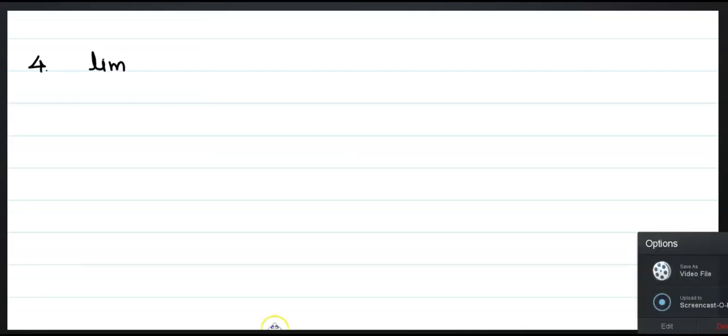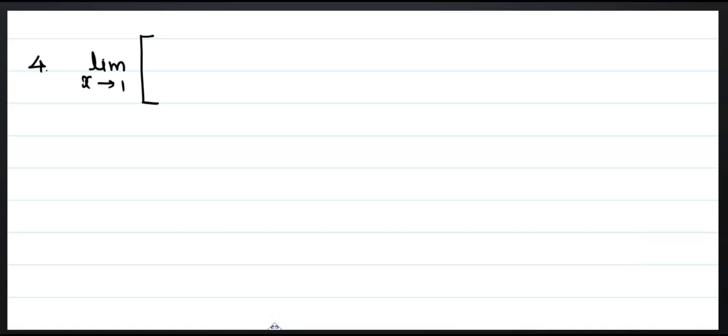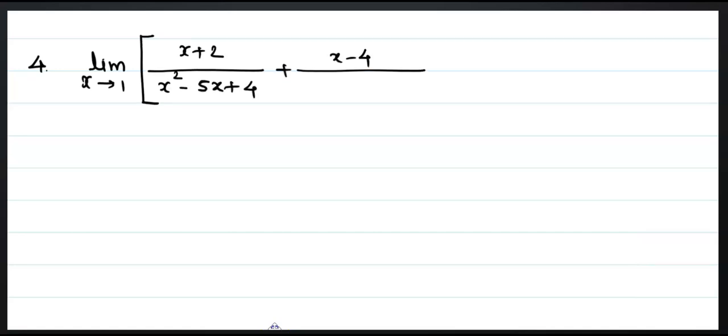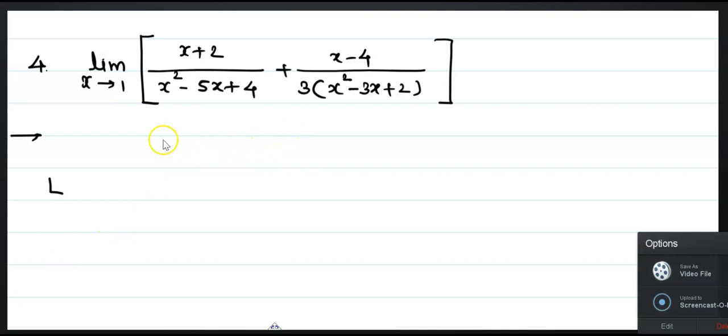Number 4. Limit x tends to 1, x plus 2 upon x square minus 5x plus 4 plus x minus 4 upon 3 in bracket x square minus 3x plus 2, as again x tends to 1.